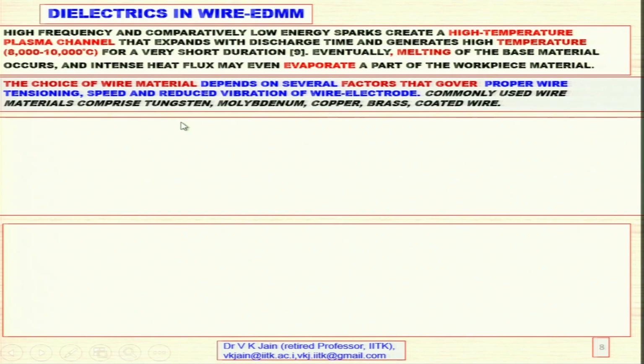Commonly used wire materials comprise tungsten, molybdenum, copper, brass, coated wire, and coated wire normally has stratified wire. I will show you.